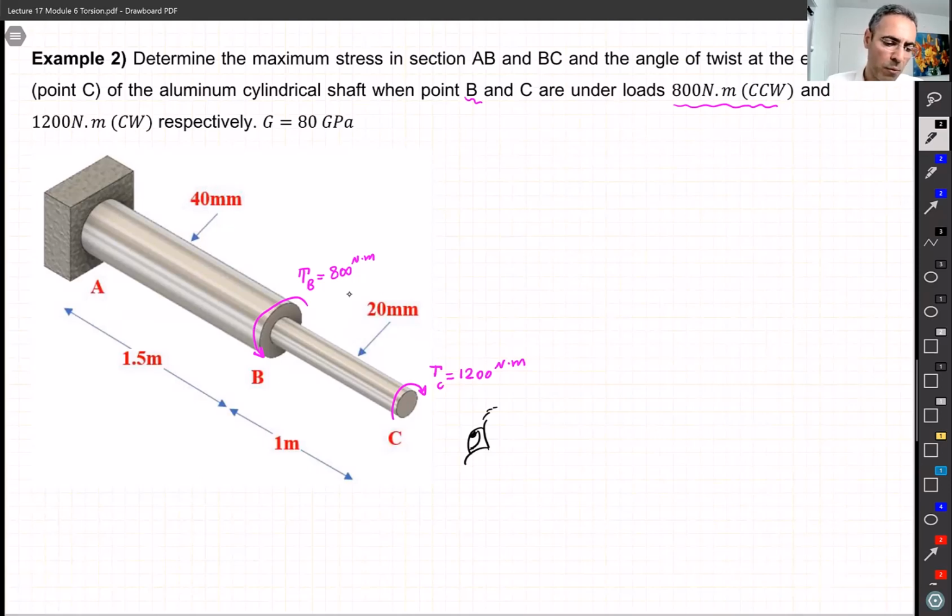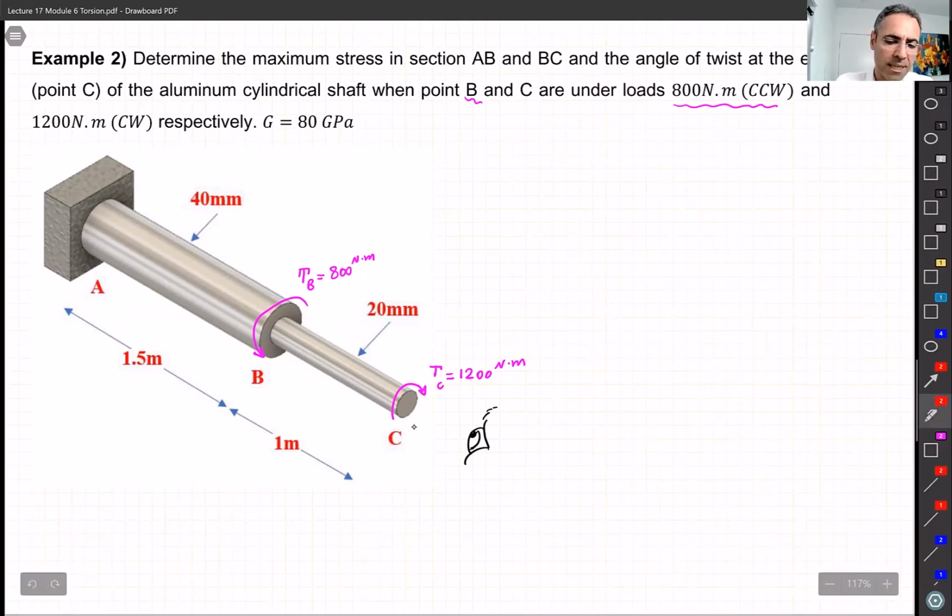And we want to find out the stresses in AB and also in BC, and also we want to know, when we look at this shaft, how much this point C is twisting, basically. That's the question. So, like always, we try to find the reaction at the support. If I apply this TC 1,200 like that, and TB, then this support A also has to show some reaction, right?